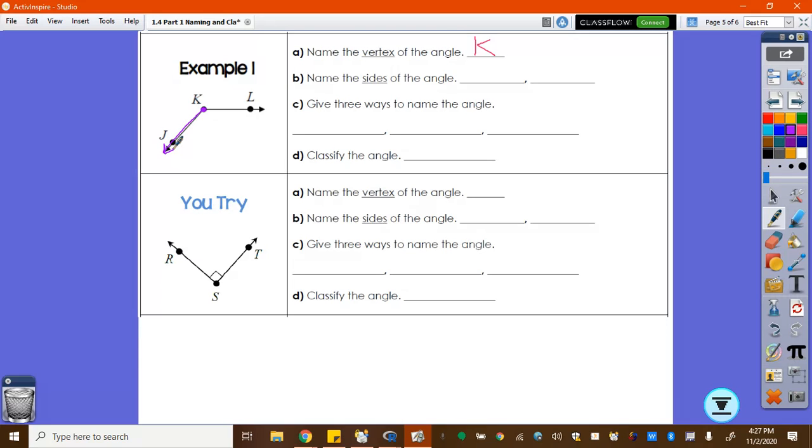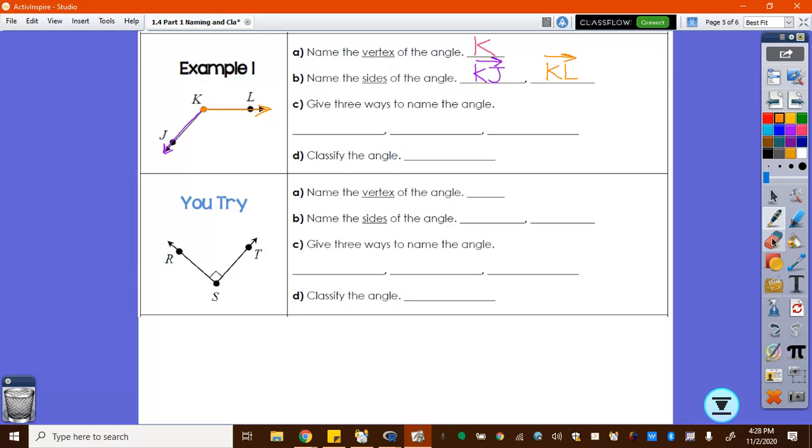That would be ray KJ. Again, we want to draw our little arrow on top, always pointing to the right, and we always start with our endpoint. We can also name the other side, which would be ray KL. Those are our two sides. You will always have two sides to an angle.